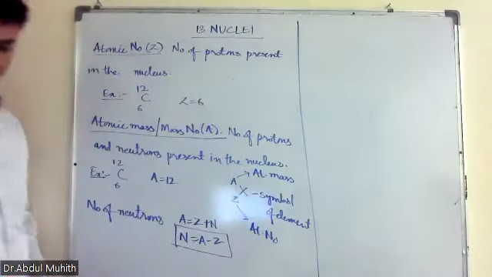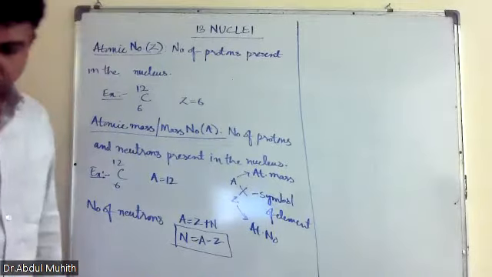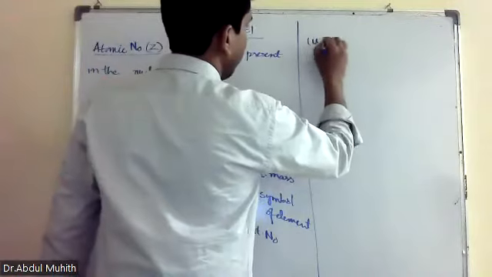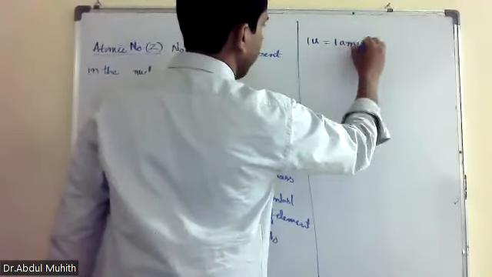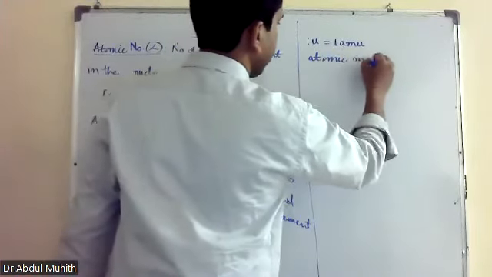Now, next, here we have one AMU, one atomic mass unit, also written as one U. How do you define the atomic mass unit?